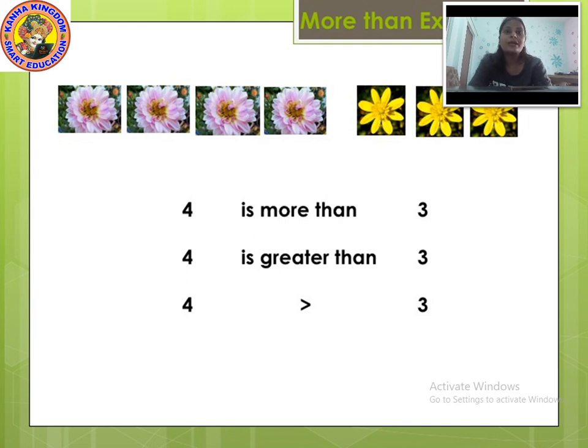So 4 is greater than 3, and we will put this sign next to 4. Why? Because 4 is greater than 3. Okay, 4 is more than 3.